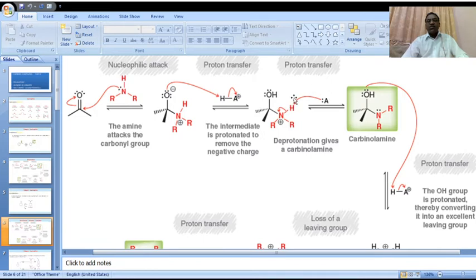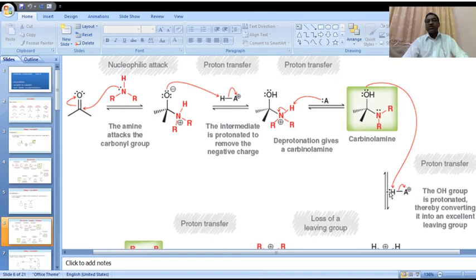Here A minus abstracts a proton. The nitrogen positive charge is neutralized. Here we are getting the carbinolamine. This carbinolamine reacts with another mole of acid. Here proton transfer, loss of A minus.